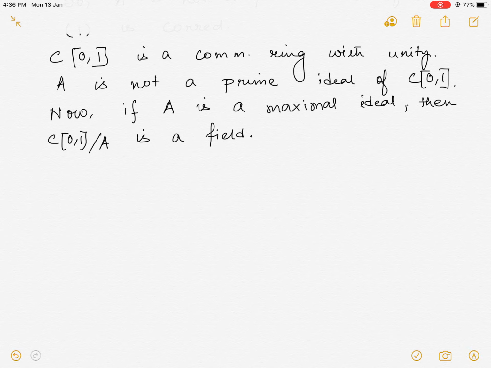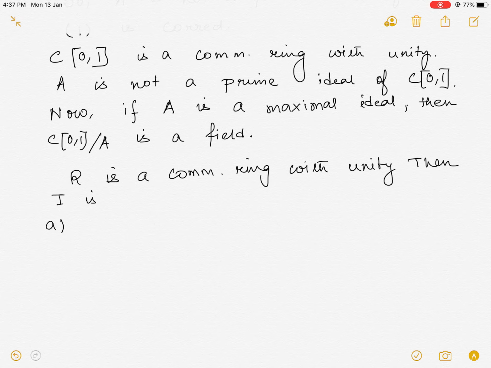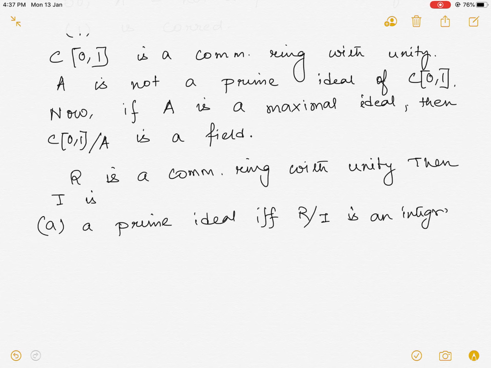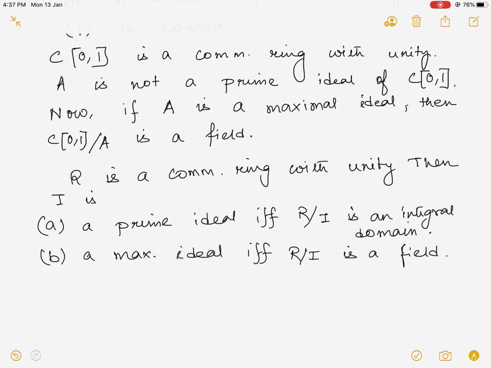First of all, let me write two theorems: if R is a commutative ring with unity, then I is a prime ideal if and only if the factor ring R factor I is an integral domain, and I is a maximal ideal if and only if the factor ring R factor I is a field.